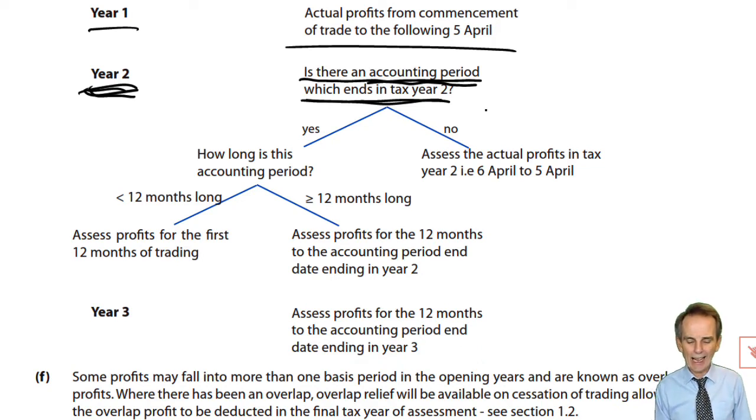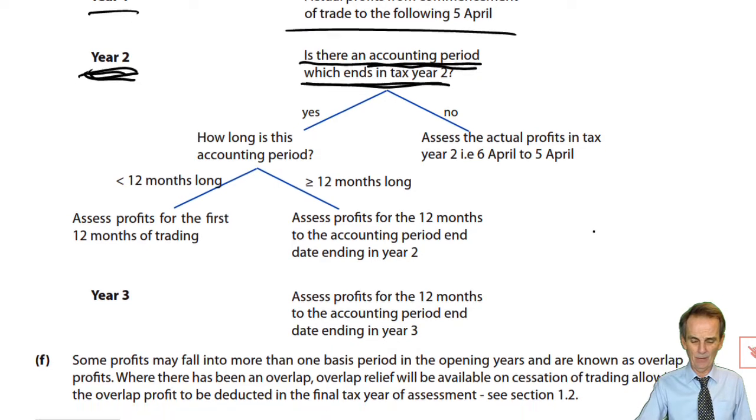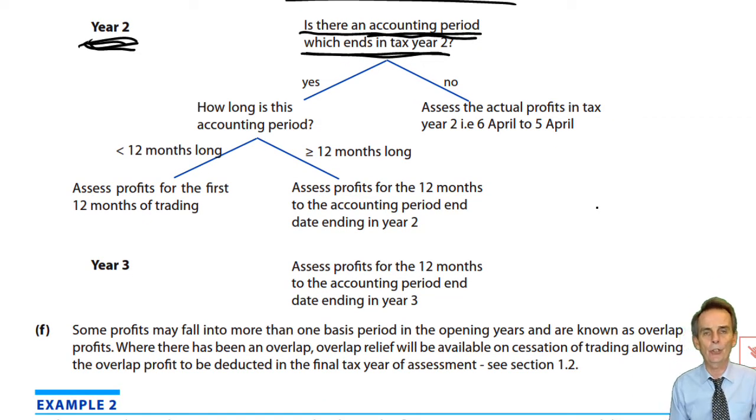And depending what outcome we find here, that will dictate the basis of assessment. So let's assume that the answer to our question, do we have any accounting period at all ending in that second tax year, that the answer is yes.